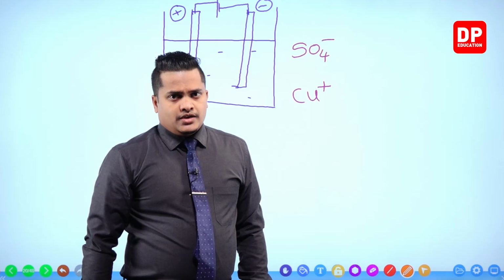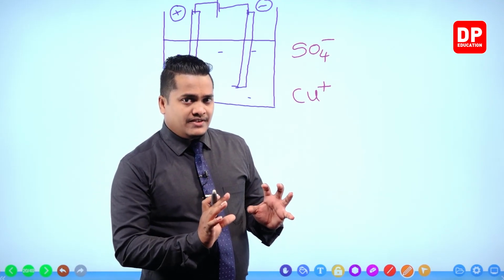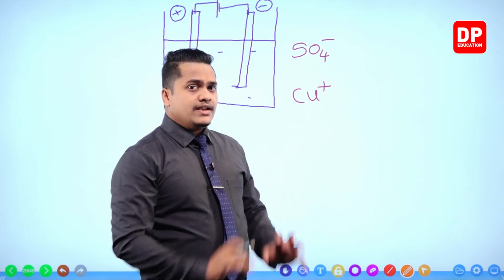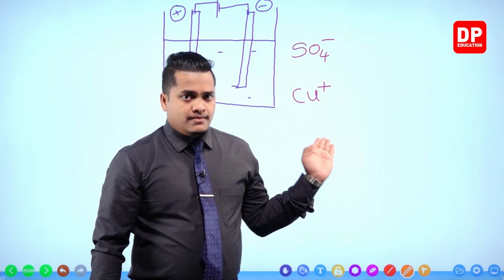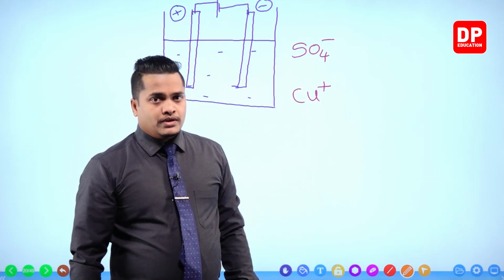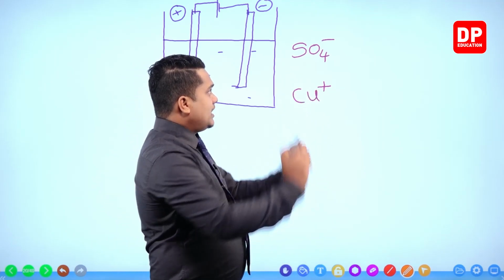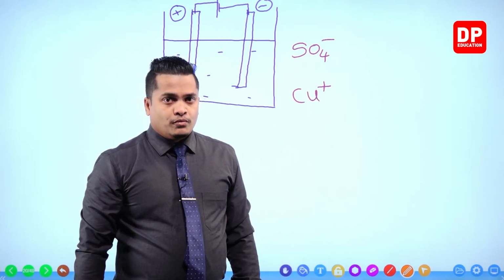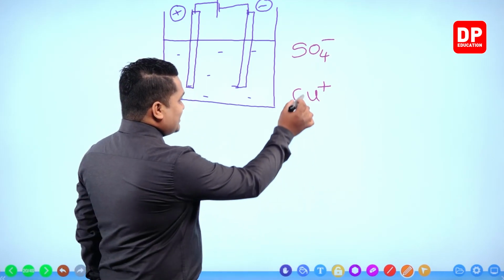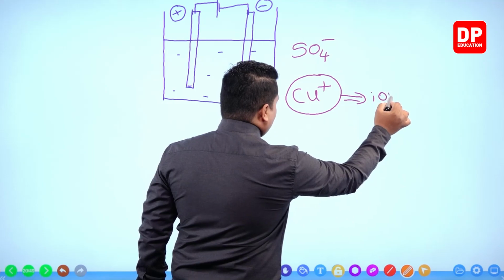So copper is giving that electron to the other substance. Here, sulfate is that group. So copper is removing an electron and giving it to the sulfate group. Now copper is in this state, which is referred to as an ion.